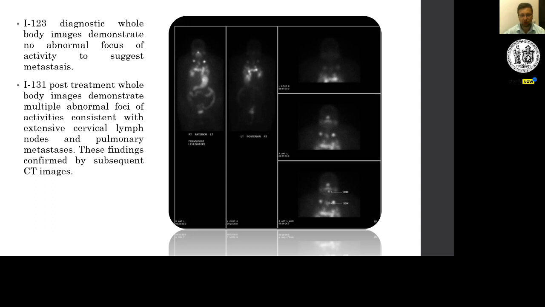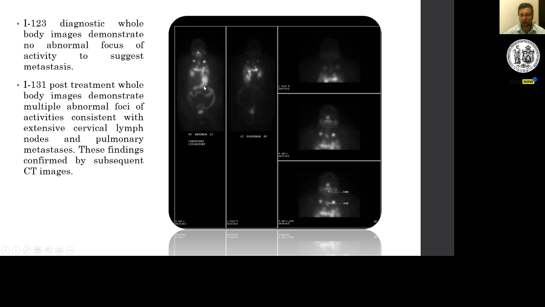Here on this picture we can see the iodine 123, which was used for the diagnostics of the whole body, which demonstrates no abnormal focus of activity to suggest metastasis. But application of the radioactive iodine 131 post-treatment whole body images demonstrate multiple abnormal foci of activities, these bright focuses, consistent with the extensive cervical lymph nodes and pulmonary metastasis.